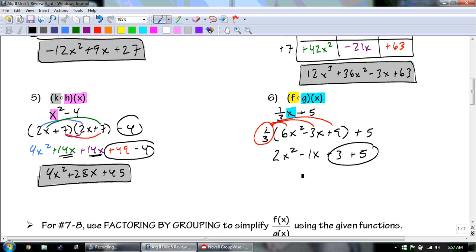And then when we combine like terms, we're left with 2x squared minus x plus 8. That wasn't too bad. We didn't even have to use a calculator. Multiplying by fractions is easy.